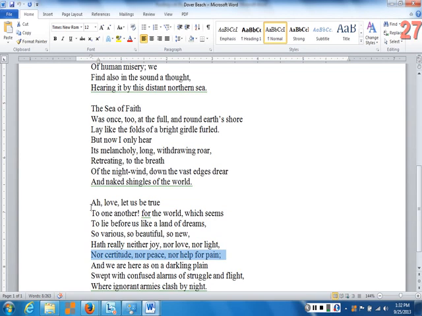When we're in pain, there's no help for us, okay? Instead of all of this land of dreams, beautiful, joyful, loving, light, and so on, what we have is simply a darkling plain, meaning a great, vast, open space in the dark.